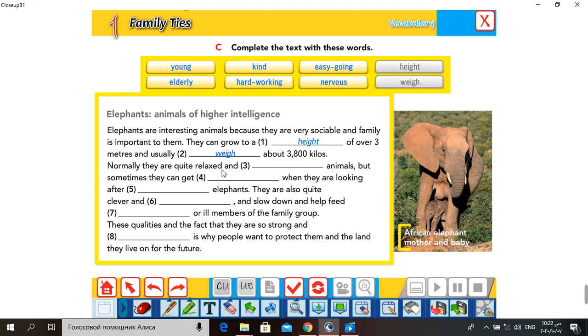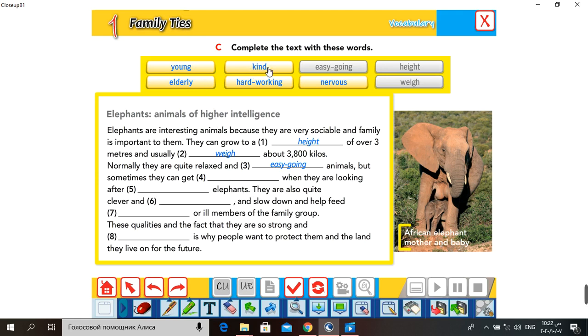Normally they are quite relaxed and easygoing animals. They are relaxed and what? Which word goes here? Hardworking? Nervous? No. Easygoing, yes. They are relaxed and easygoing animals. But sometimes they can get nervous when they are looking after elderly elephants. They can get what?